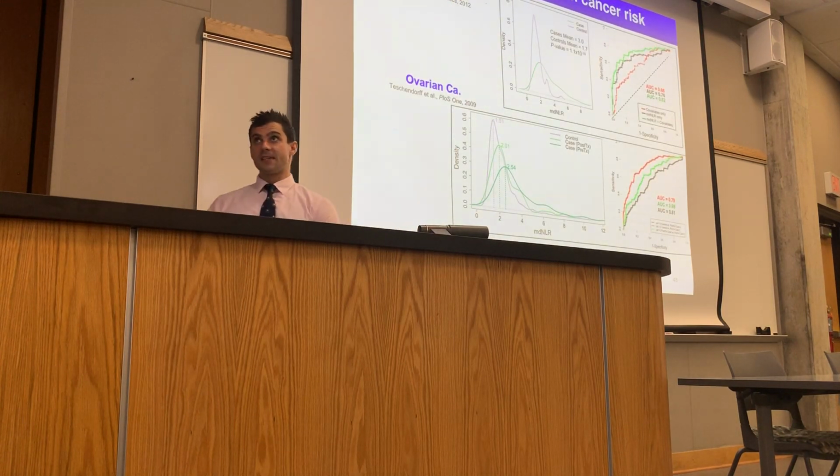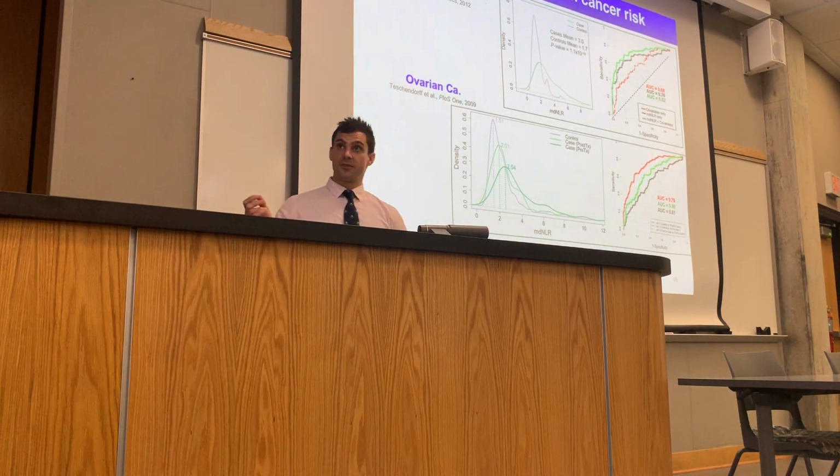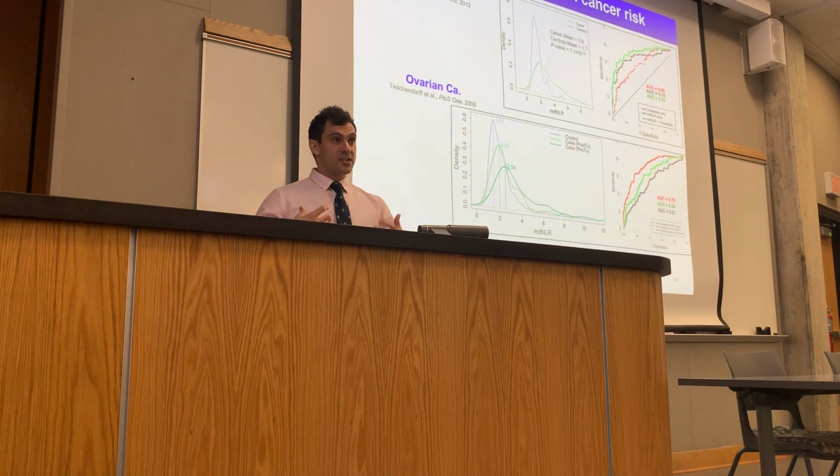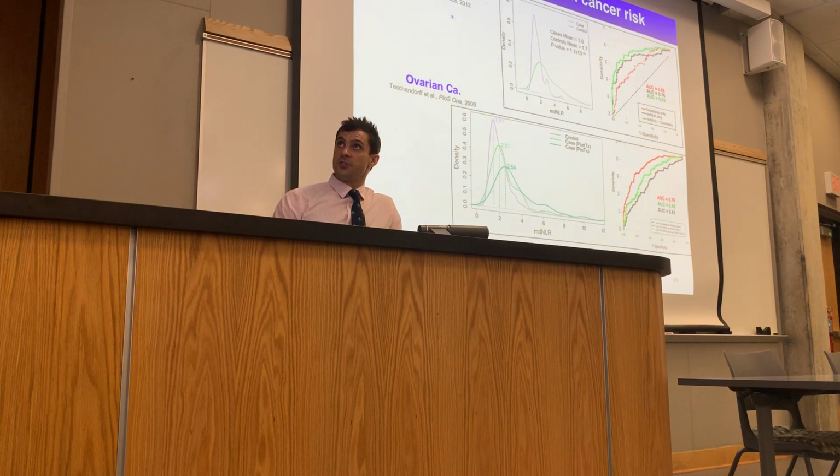We also see that this MDNLR measure is associated with cancer risk, so the chance of actually getting cancer if you're cancer-free. So in the head and neck squamous cell cancer data set, what I'm showing here is the distribution of the MDNLR in controls. These are people that don't have cancer, and in cases.